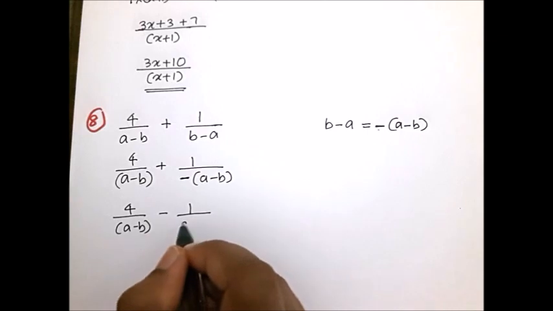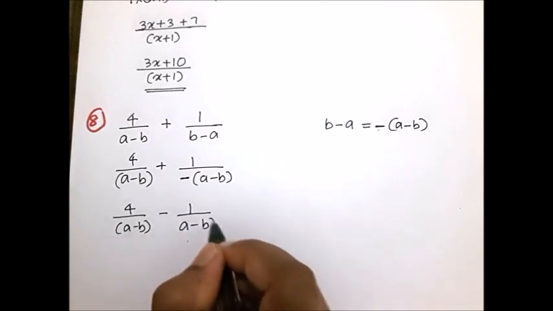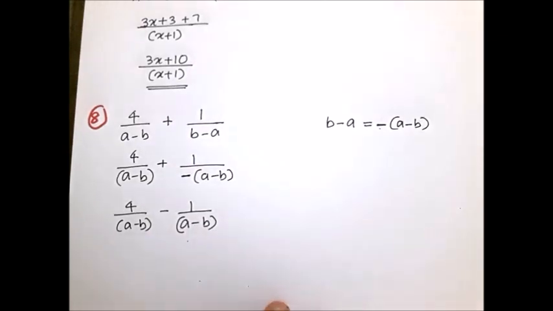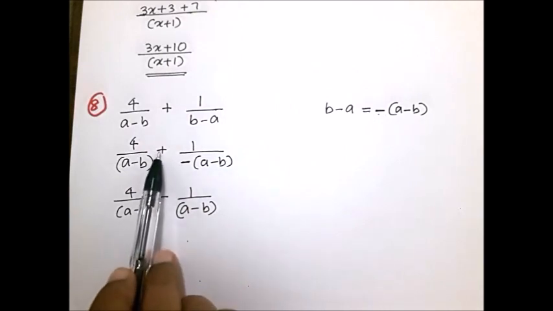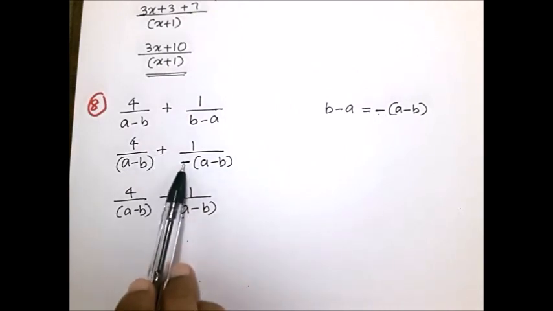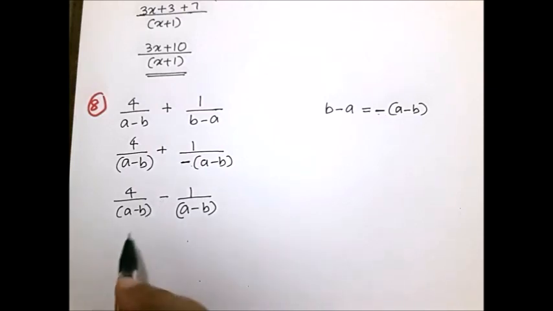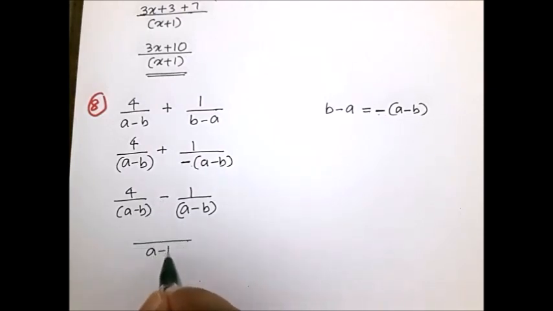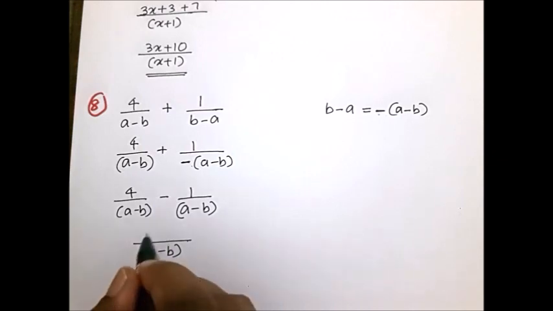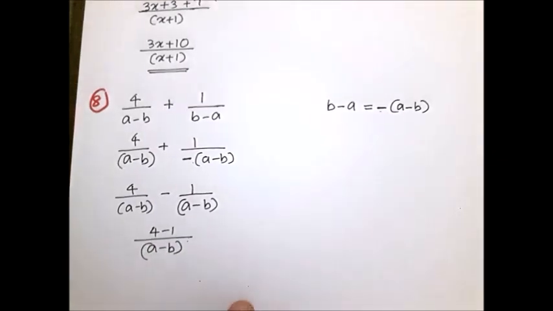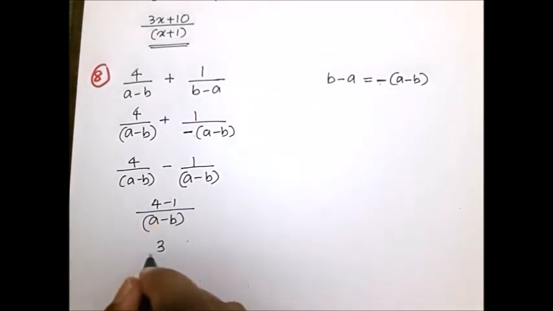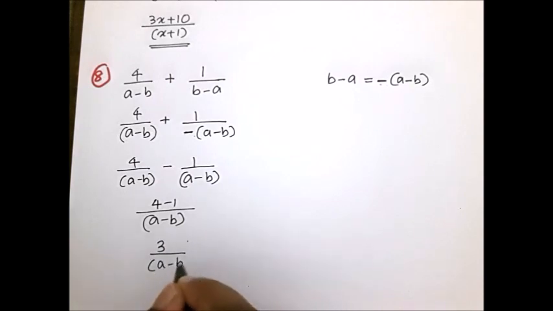Now here remains 1 over a minus b. Again look at here. Plus 1 divided by minus 1 becomes minus. Now common denominator is a minus b. Numerators 4 minus 1, 3. Answer is 3 over a minus b.